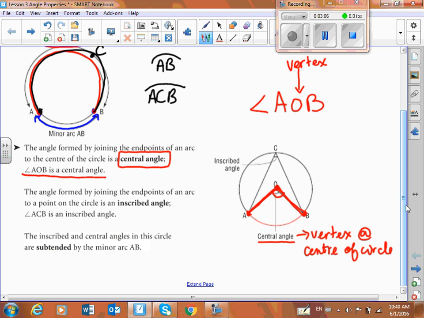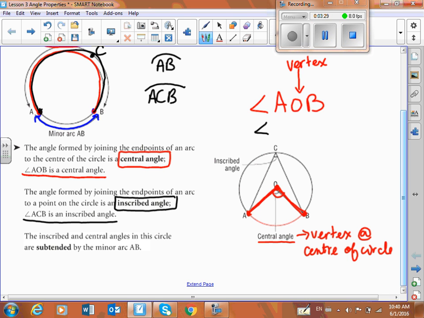The angle formed by joining the endpoints of an arc to points on the circle is an inscribed angle. So a different kind of angle is called an inscribed angle. If you think about the word inscribed, if you inscribe into something, you're putting it inside. So this is an angle inside of a circle. So angle ACB is an inscribed angle.